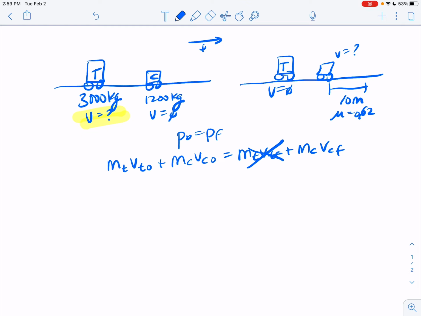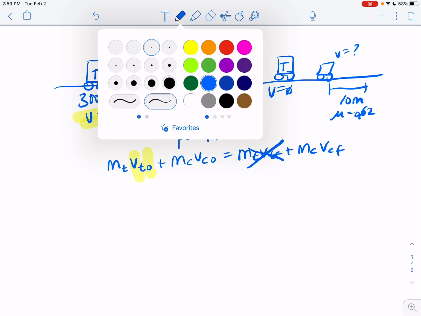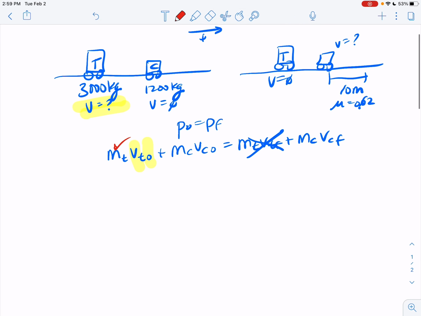What I'm ultimately looking for is the initial velocity of the truck. I have all the masses, which is terrific. This is 0, so let's get rid of that, and I don't know this either. So I'm going to need to find some other way to get this velocity so that I can backtrack it and get the velocity of the truck.